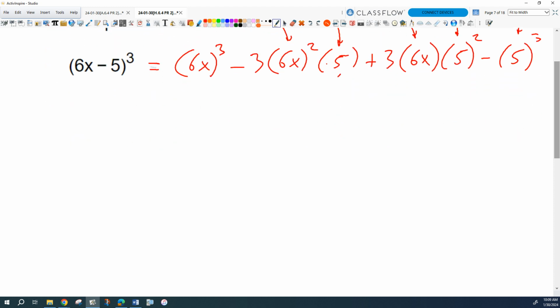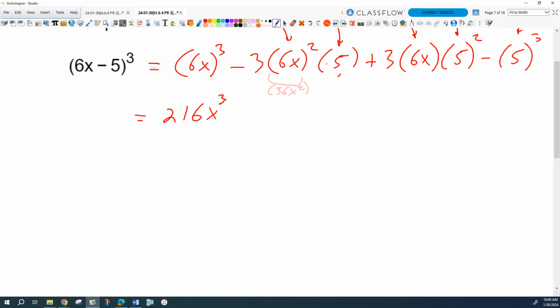Okay, and if we simplify that whole thing, what's the first one going to be? I have to cube the 6, so 216x cubed, good. And then what about here? Now the 6x quantity squared is going to become 36x squared.